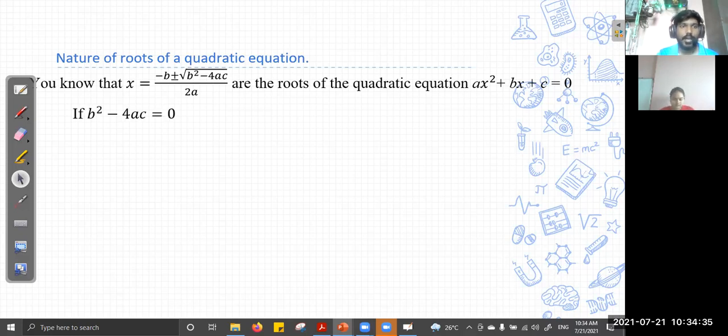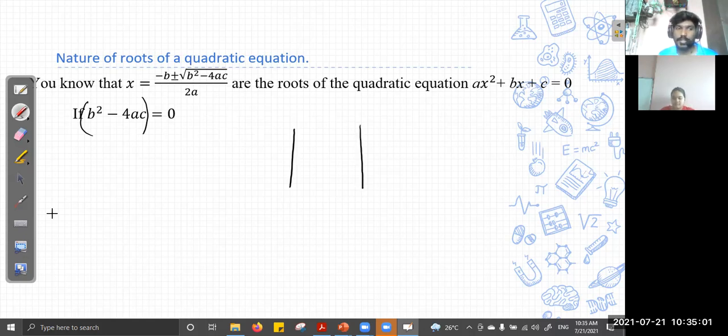Okay. Now, nature of roots. To find the nature of roots, you need to find b squared minus 4ac. That is this term. This is also called the discriminant. Determinant is what you studied in the first chapter.